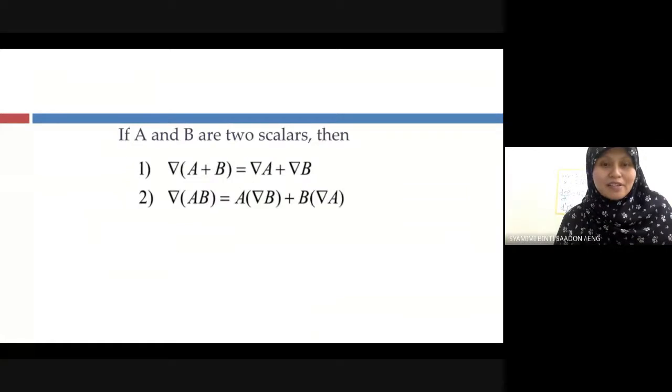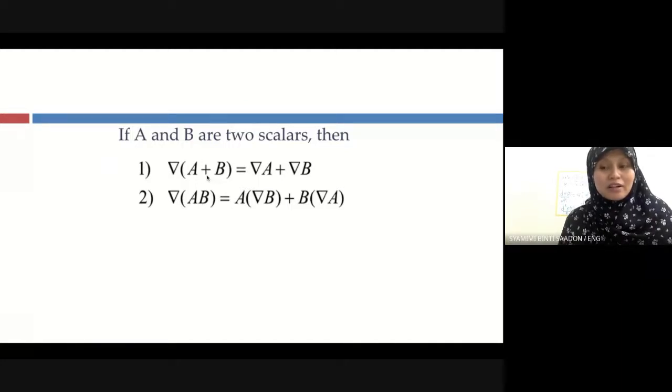Next, if A and B are two scalars, these are some of the rules for gradient. The gradient of A plus B, where A and B here are scalars, whereas just now they were vectors. Because we want to apply the gradient, you have to make sure that A and B are scalars, not vectors.